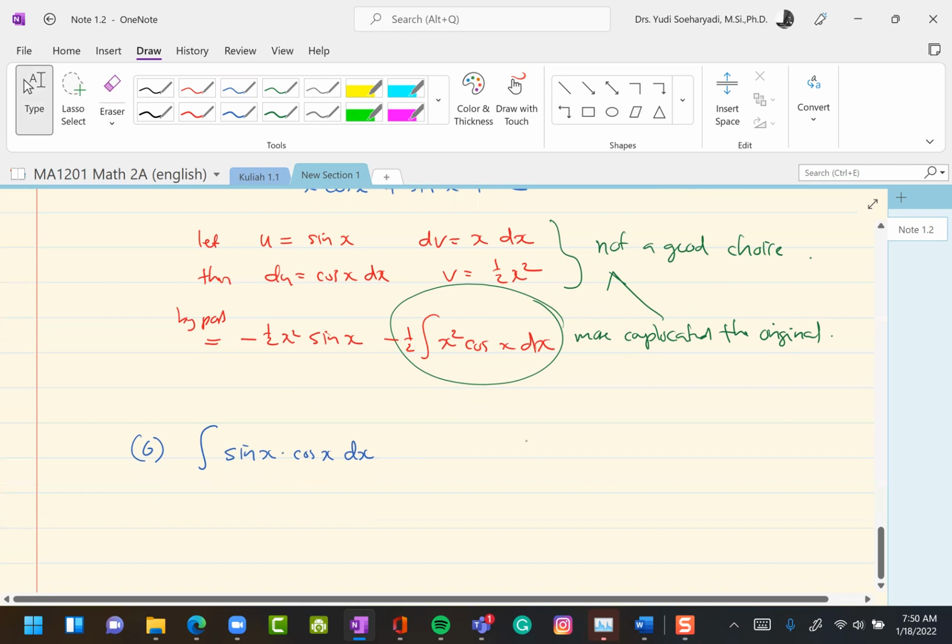So u equals, did I choose sine or cosine? Let's just try it out, and the rest is dv. Then du is cosine x dx, and v equals the integral of cosine, which is sine.